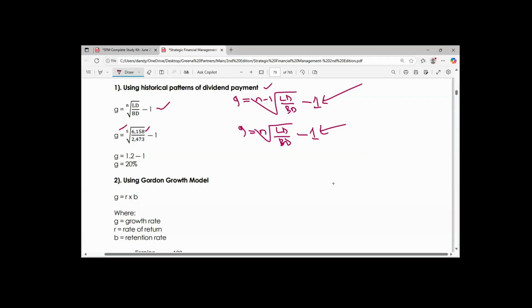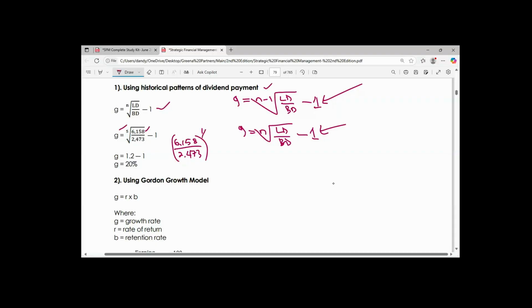If you want to break it down further, I can say 6,158 divided by 2,473, all raised to the power. Inside the square root, outside the square root, you have 5, so that will be 1/5.